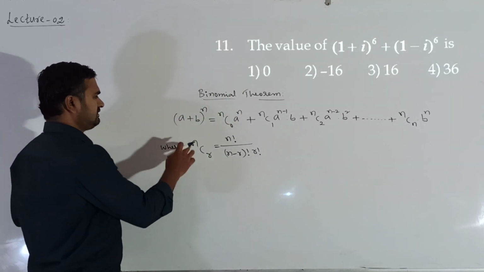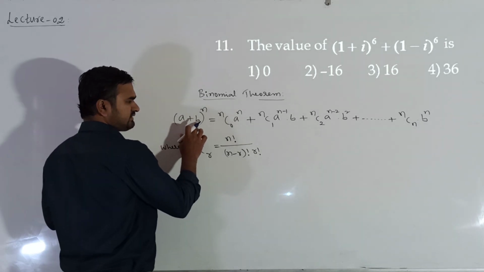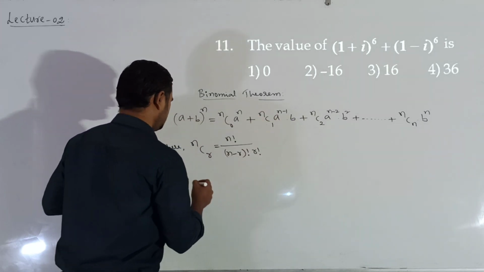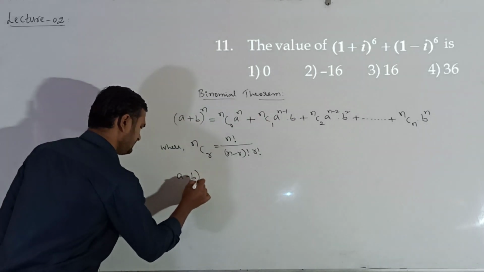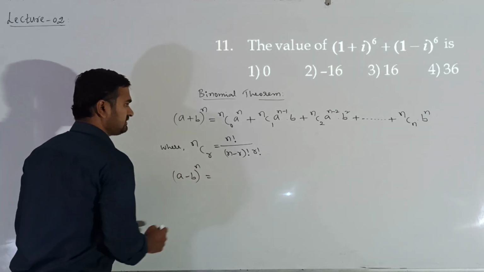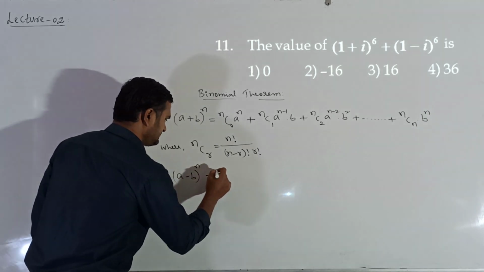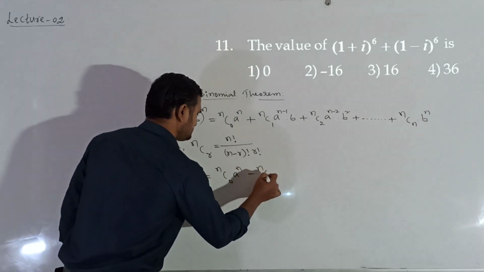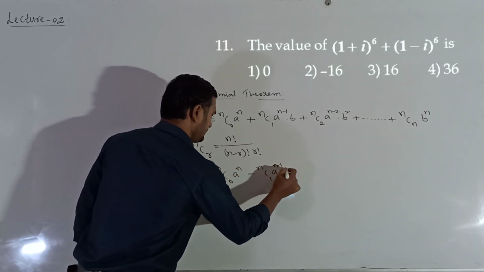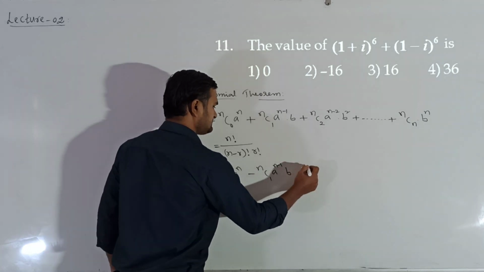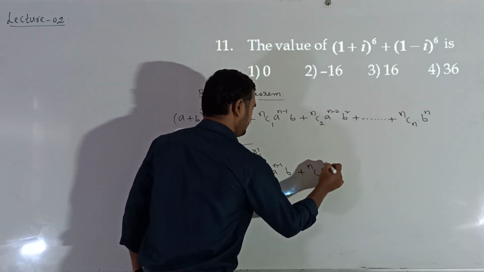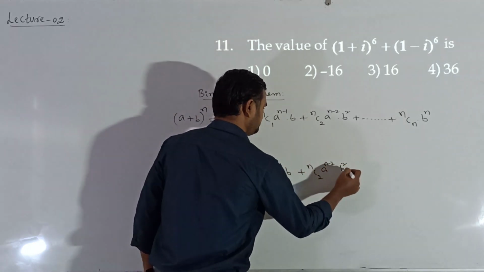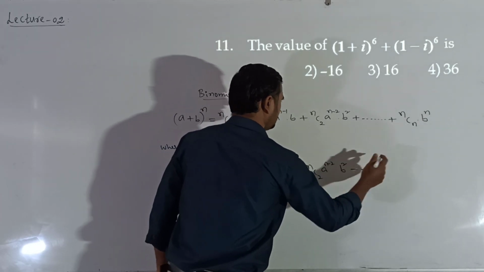Now, if I replace plus b with minus b in all these terms, similarly we can write (a - b)^n. So (a - b)^n is nC0 a^n minus nC1 a^(n-1) b plus nC2 a^(n-2) b^2 minus, and so on.